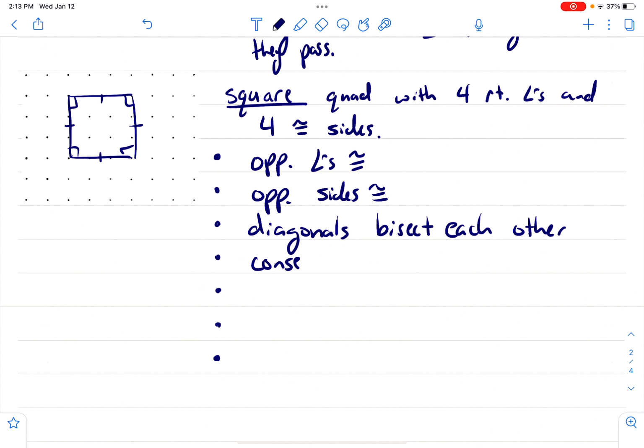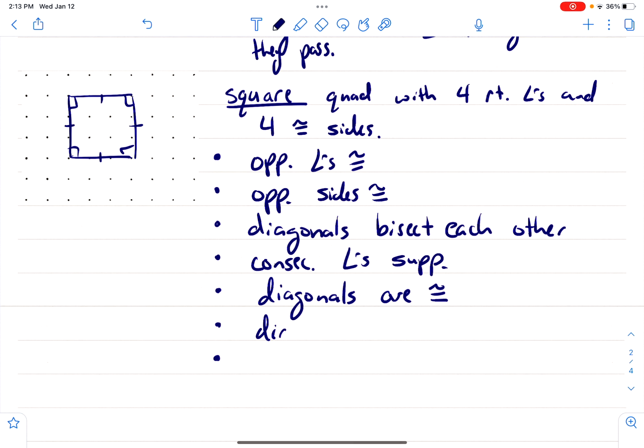Then we know consecutive angles are supplementary. And then we get the one from rectangle, which is that the diagonals are congruent. And then we get the two from rhombus, which both have to do with the diagonals. One is that they're perpendicular. Diagonals are perpendicular. That one's nice and short.